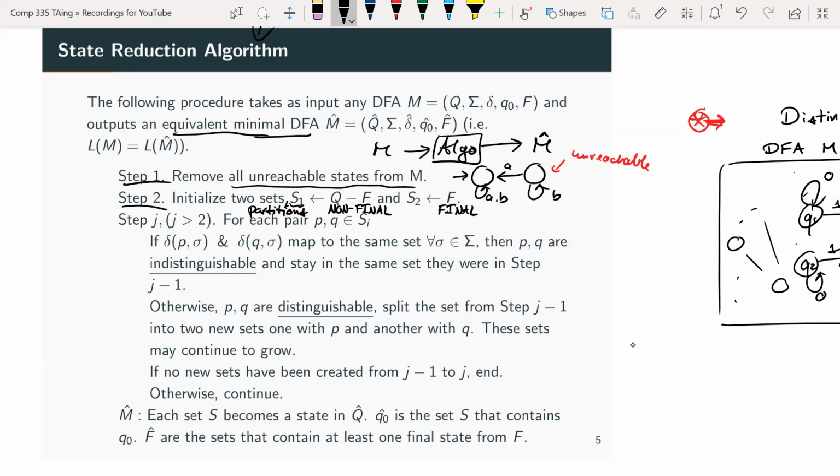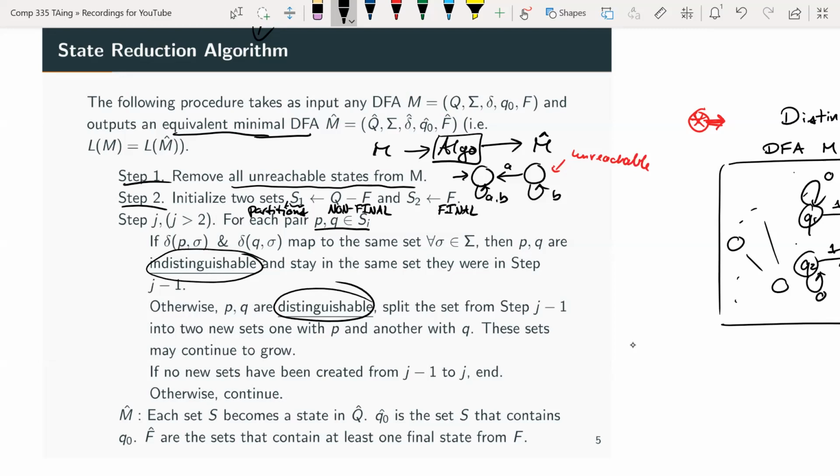The next thing you need to do is, for each pair of states in each partition, so that's two for loops, for each pair P, Q of states in each partition S1, S2, you need to determine whether or not P and Q are indistinguishable or distinguishable.